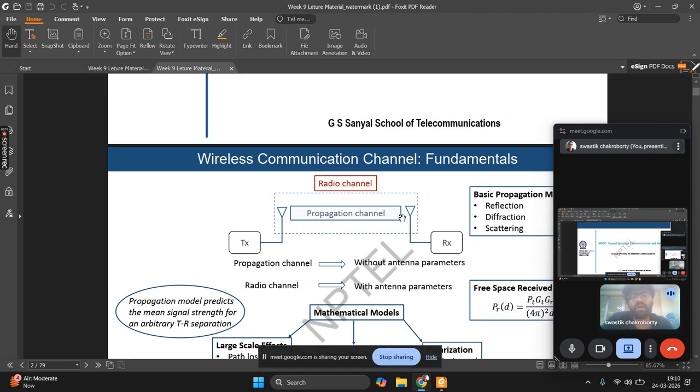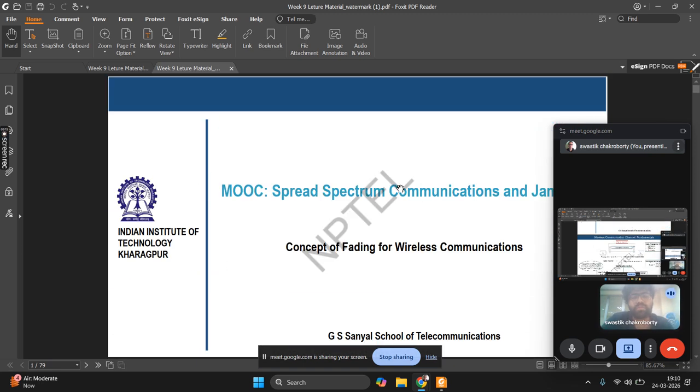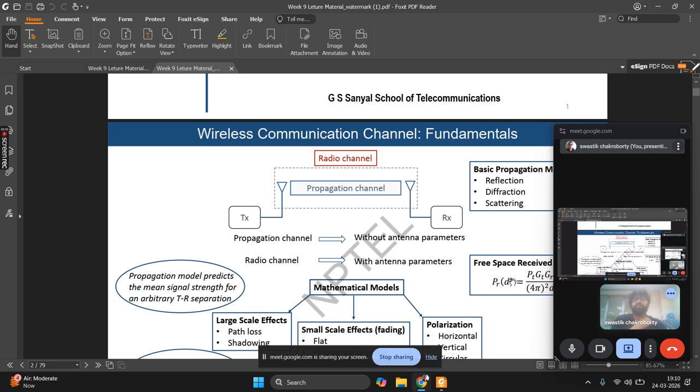For now, today we will be covering the concept of fading for wireless communications. As we know, wireless communication is made out of three composite parts: one is the transmitter, one is the receiver, and one is the propagation channel.